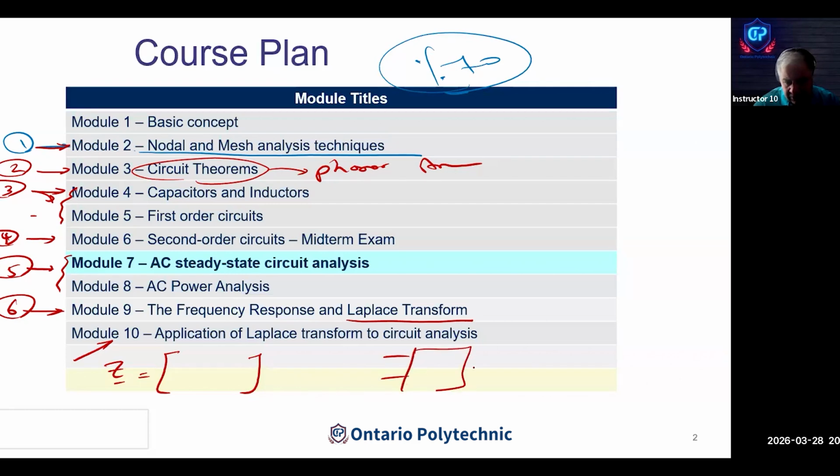Remember it is a two-port with voltages and currents V1, I1, and V2, I2.